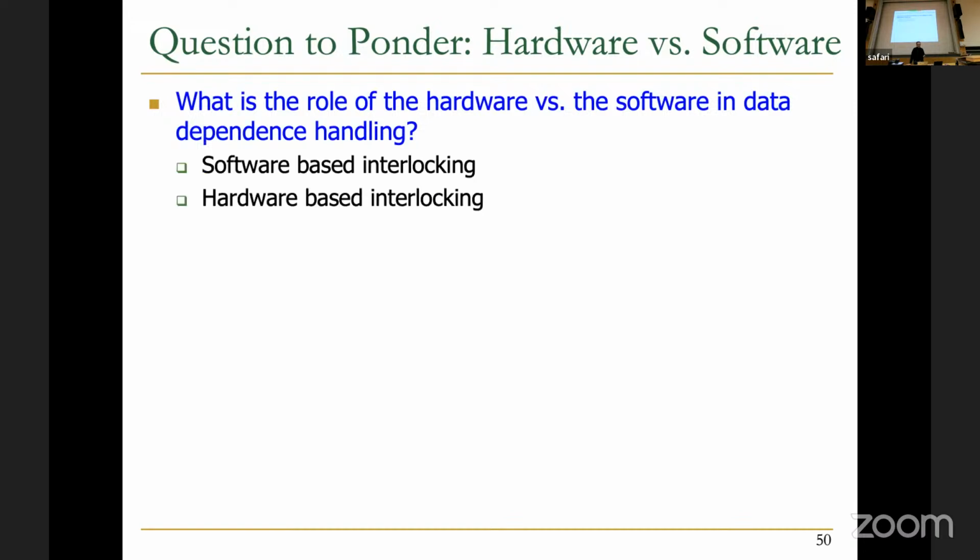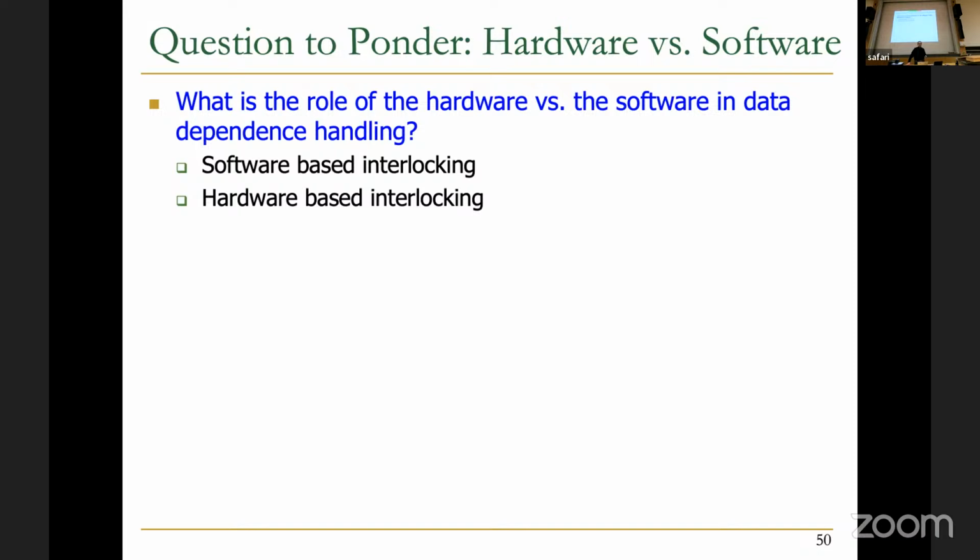We can have software-based interlocking or hardware-based interlocking. As you already learned from previous lectures, MIPS processors were supposed to be completely software-based interlocking, but quickly they realized that it's not possible because of the huge complexity, and in the end, all MIPS processors also use hardware-based interlocking.